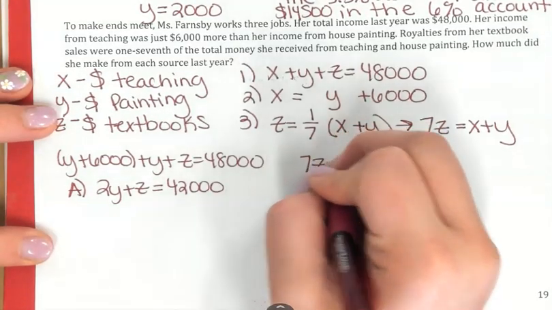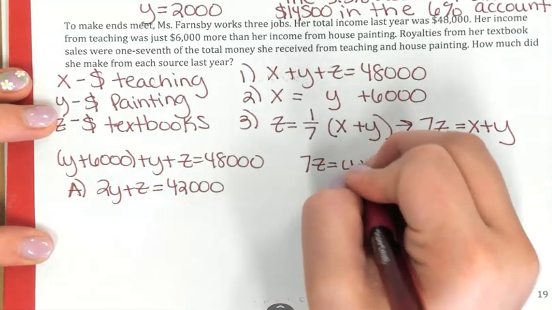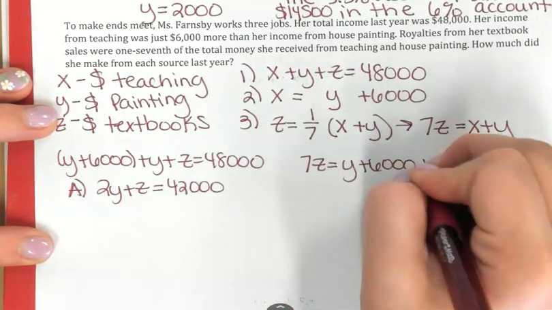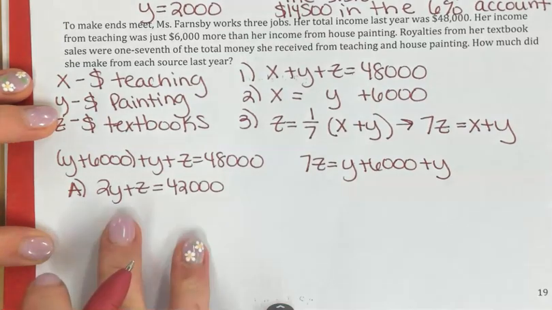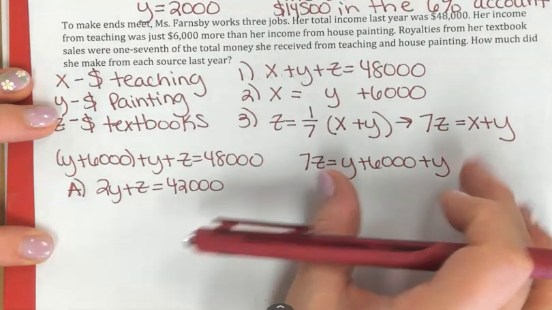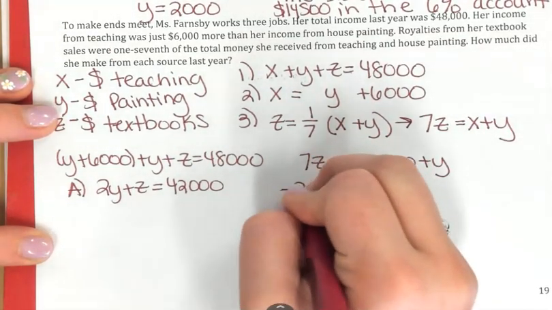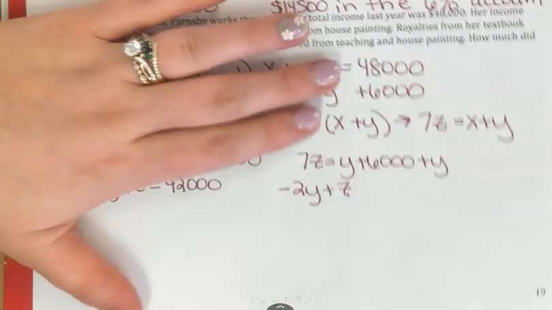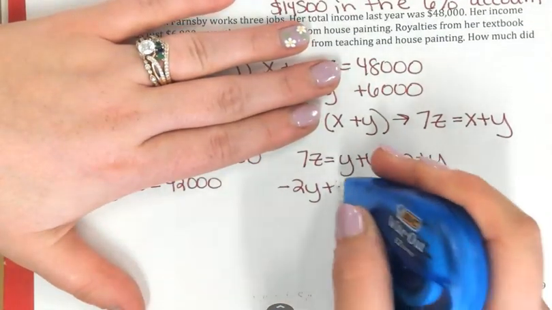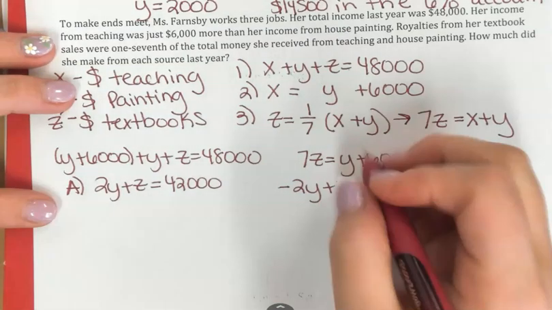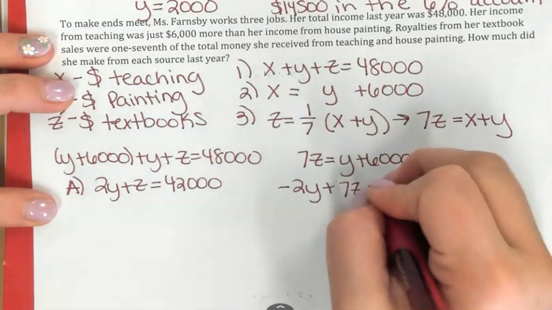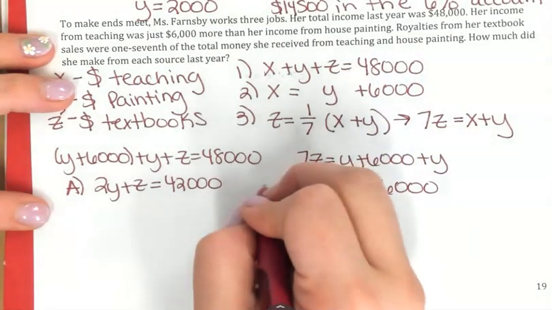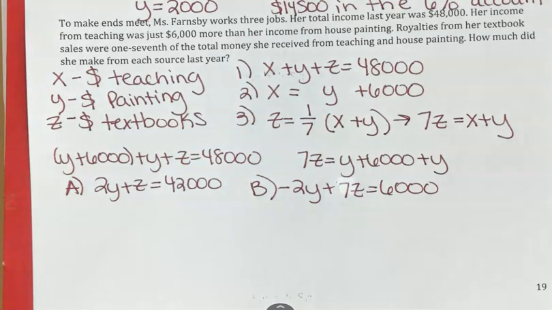So 7z will equal y plus 6,000 plus y. I want all my variables to be on one side, so this becomes 2y. I'm going to subtract it. Negative 2y plus 7z equals 6,000, and that will be my equation B.